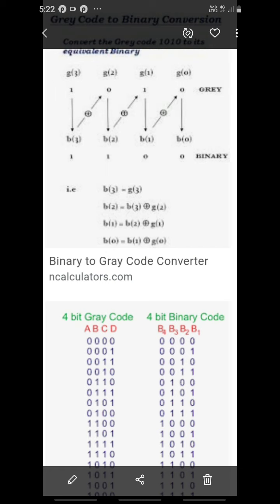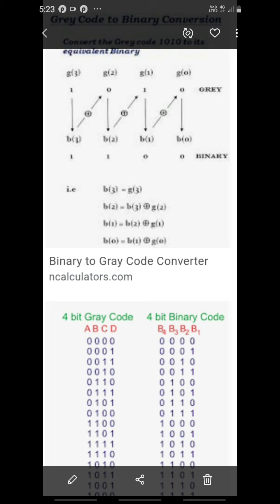Step 2: Add this MSB to the next bit of the Gray code to get the second bit of the binary code. Neglect the carry if there is one. In the third step, the process is continued till the LSB is reached.